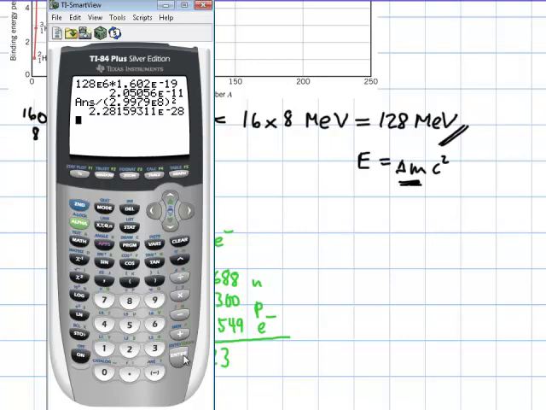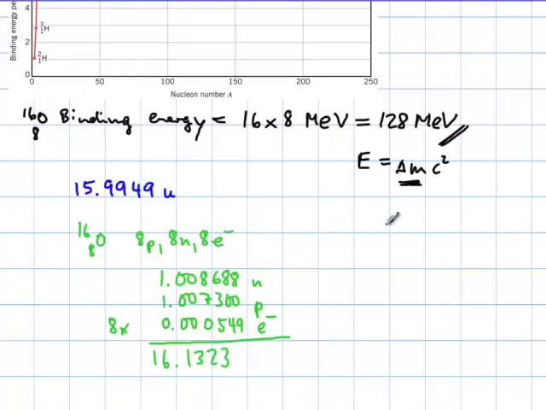Divide that number by 1 atomic mass unit, 1.6605 times 10 to the negative 27, and come up with a mass deficit of 0.1374 atomic mass units.